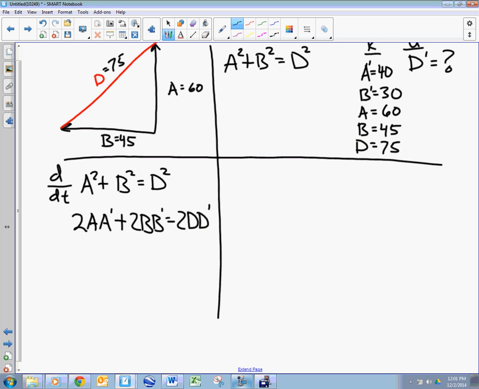Look at it. Yeah, there's 6 variables. How many do we know? No, 5.